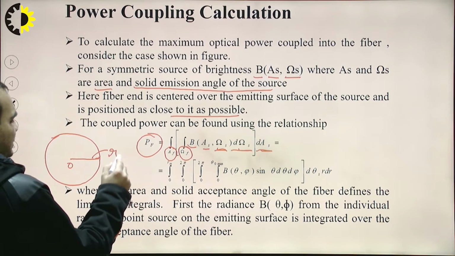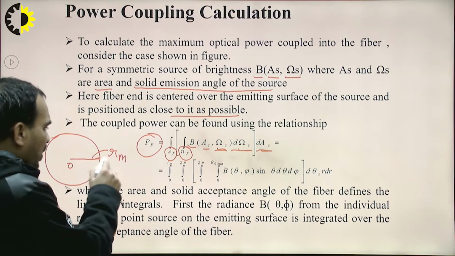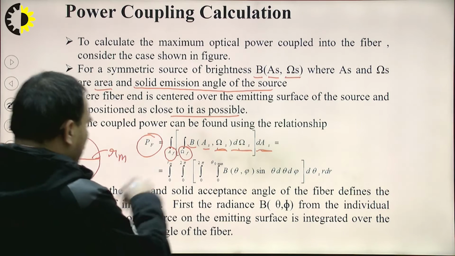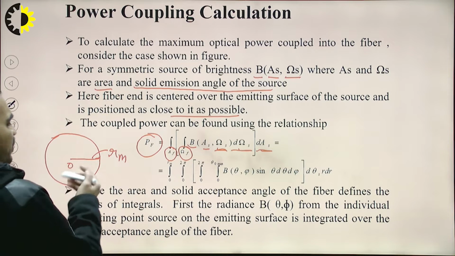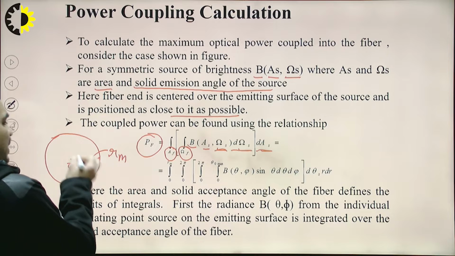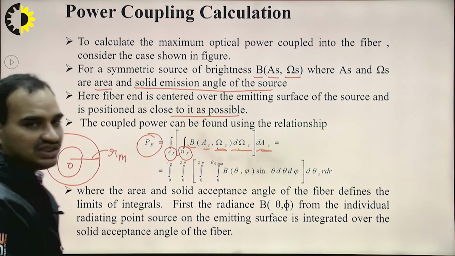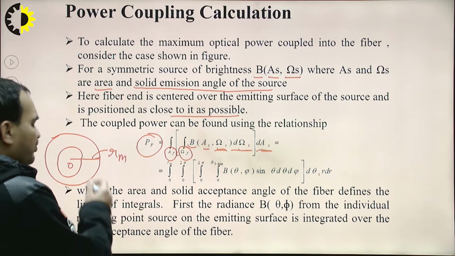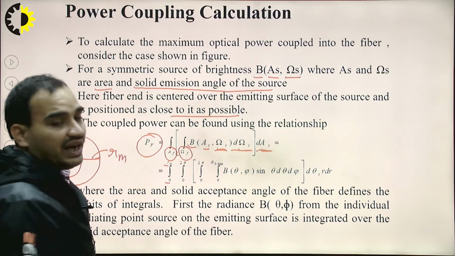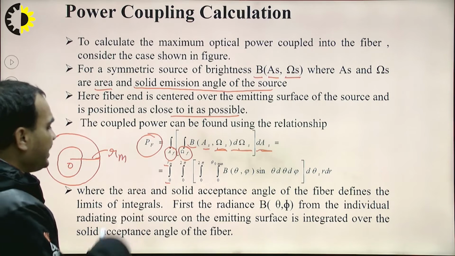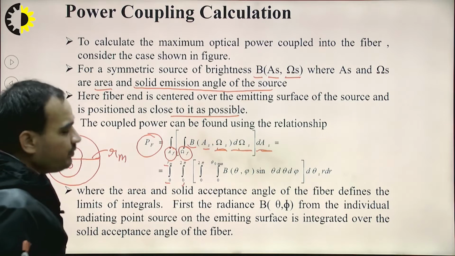So the radius varies from 0 to Rm, while the angle, since we have to cover the complete circle, will vary from 0 degrees to 2 pi, or 360 degrees. So we have to integrate over the radius from 0 to Rm, and then integrate to cover the entire circle, from 0 to 2 pi.